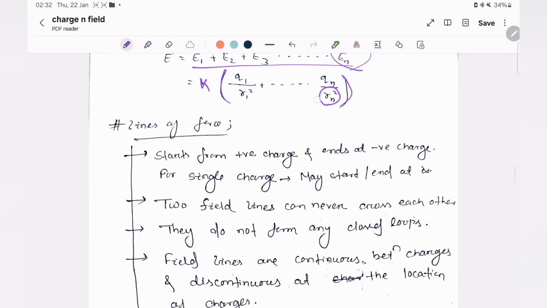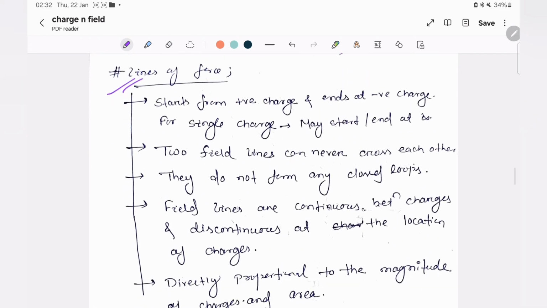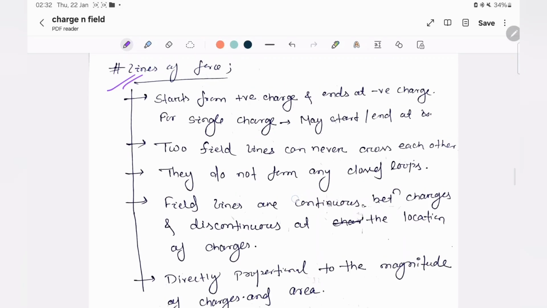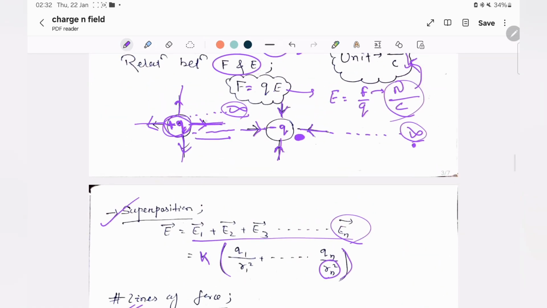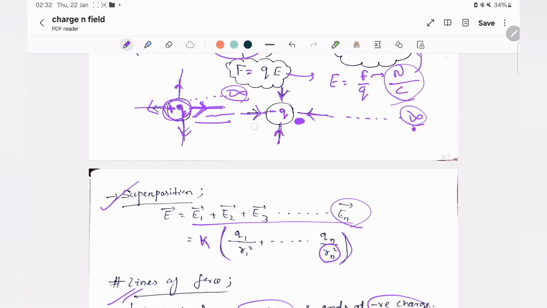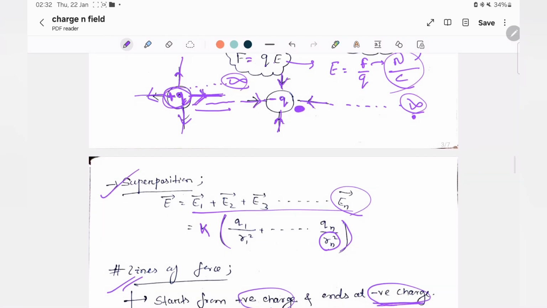Okay, so lines of force. There are some characteristics of the lines of force. It starts from a positive charge and ends at a negative charge. For a single charge it may start and end at infinity, as I already explained here: these electric field lines go radially outward from the positive charge and radially inward towards the negative charge.